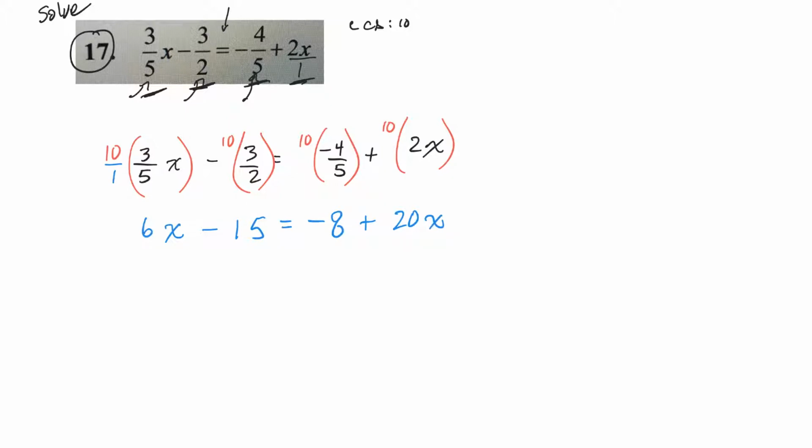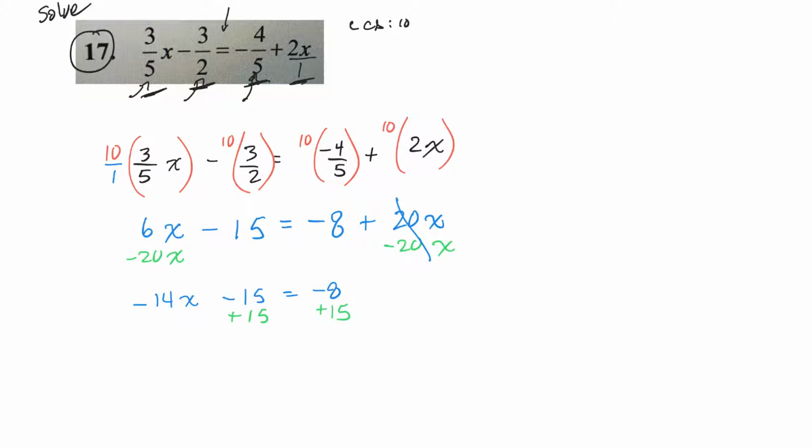Then to solve this, let's gather x's on the left, numbers on the right. That's how I usually do it. So I'll subtract 20x here, subtract 20x there. So that'll give me negative 14x minus 15 is equal to a negative 8. And then I'll add 15 to both sides.